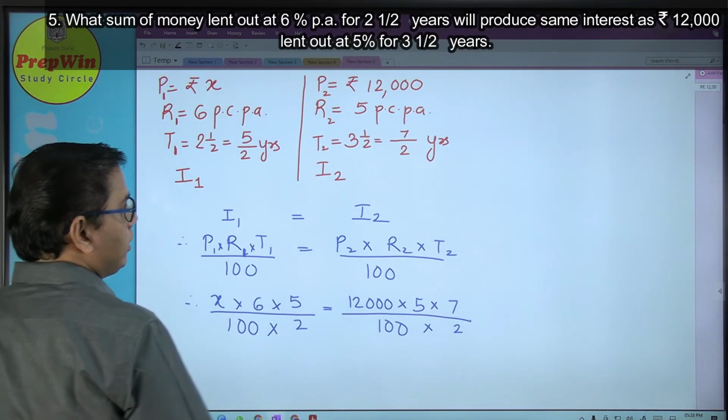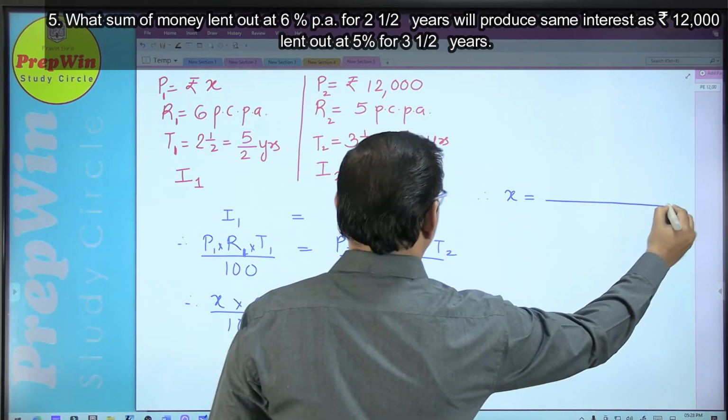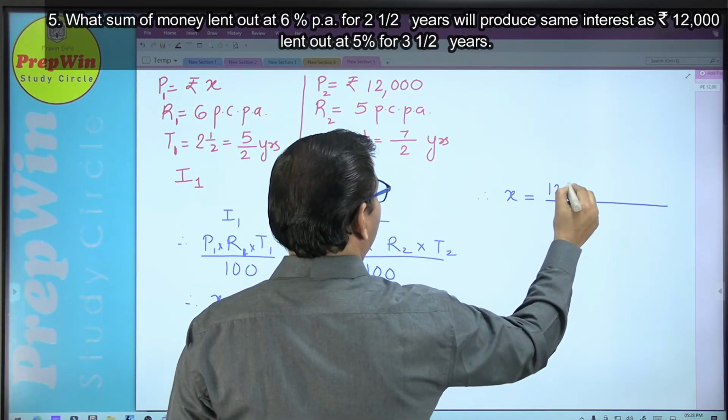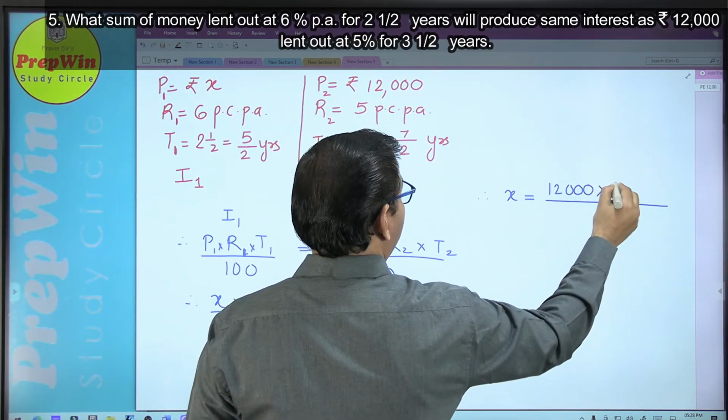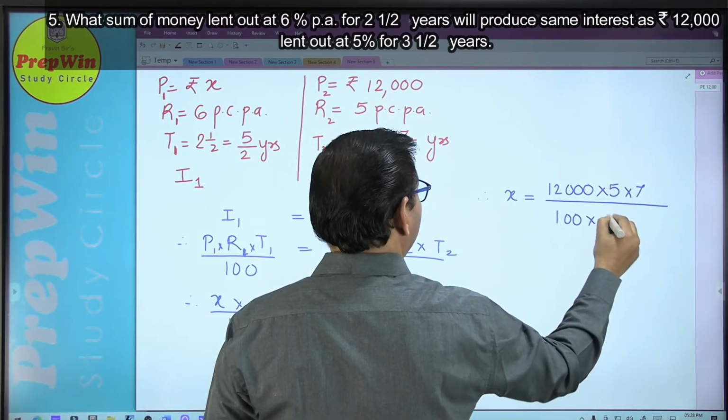क्या करते हैं, क्रॉस मल्टीप्लाई करेंगे. So what I do is I take x is equal to what? So here I have 12,000 multiply by 5 multiply by 7 and 100 into 2.